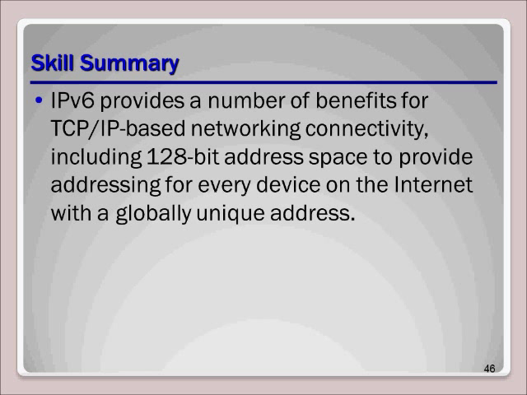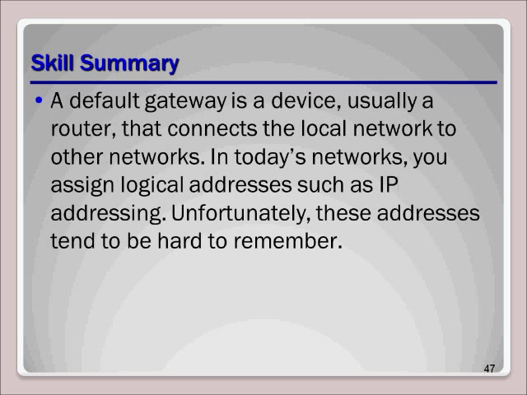IP version 6 provides a number of benefits for TCP/IP-based network connectivity, including a 128-bit address space to provide addressing for every device on the internet with a globally unique address. A default gateway is a device, usually a router, that connects the local network to other networks. In today's networks, you assign logical addresses such as IP addressing. Unfortunately, these addresses tend to be hard to remember.